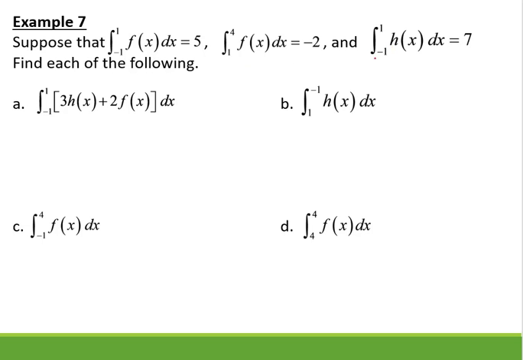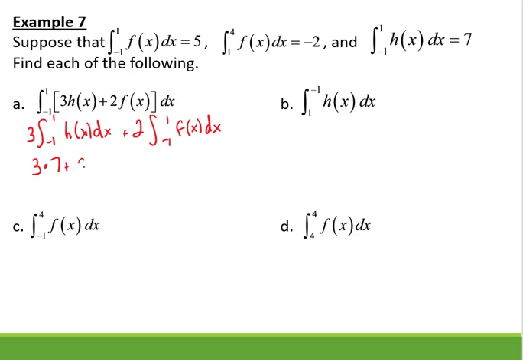So that's 3 times the integral from -1 to 1 of h of x dx. Notice I keep writing that dx. Okay, this is equal to 7, so I have 3 times 7 plus 2 times 5, and I get 31 here.